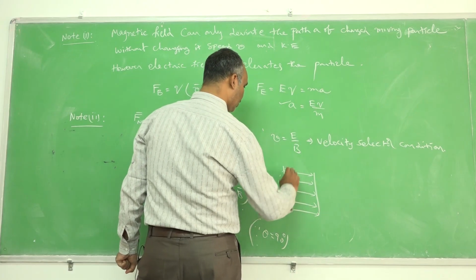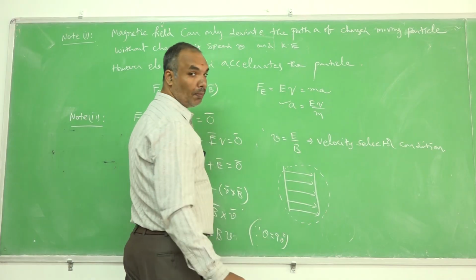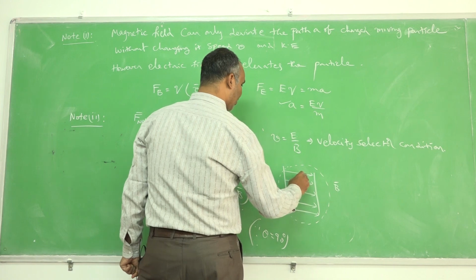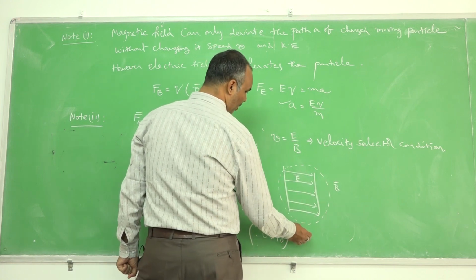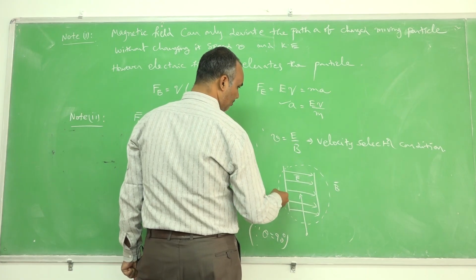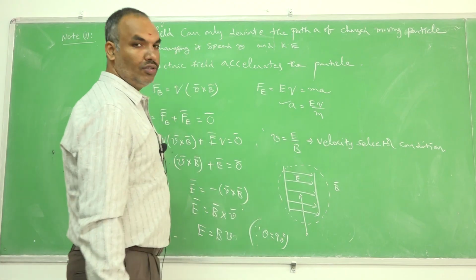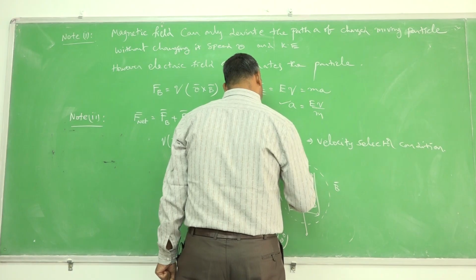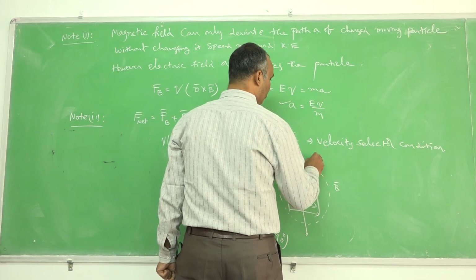Magnetic field means we are representing with some circle, either into the paper or out of the paper. So magnetic field is into the paper, electric field is like this. If the particle enters perpendicular to these two, that means magnetic field and electric field, it continues its straight line path of journey with a constant speed v, which is given by E by B.